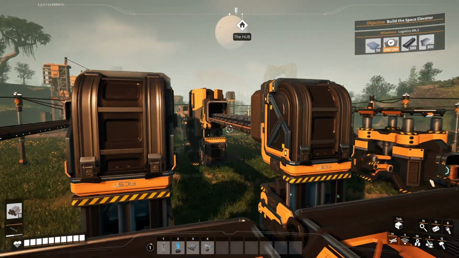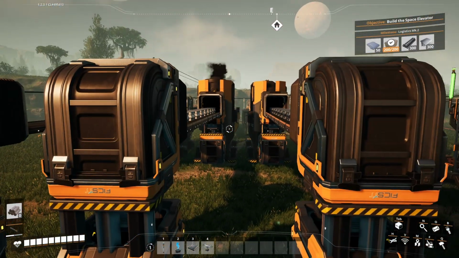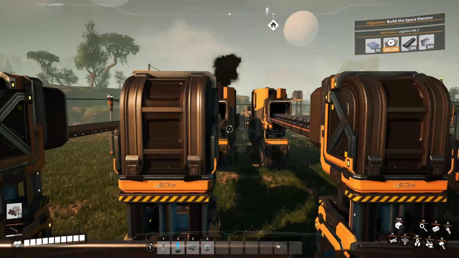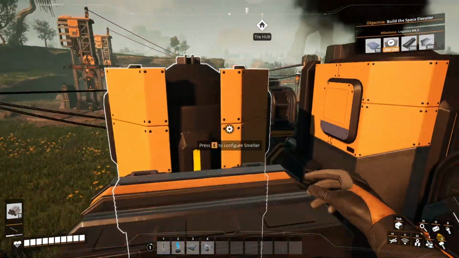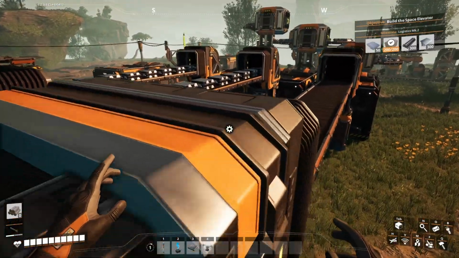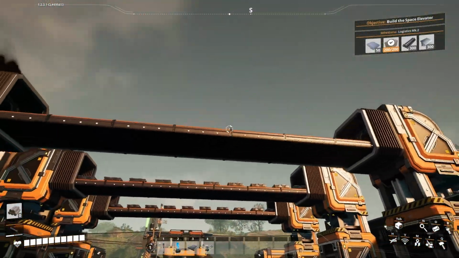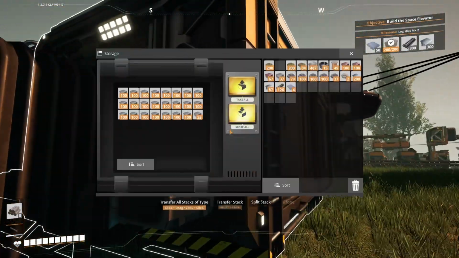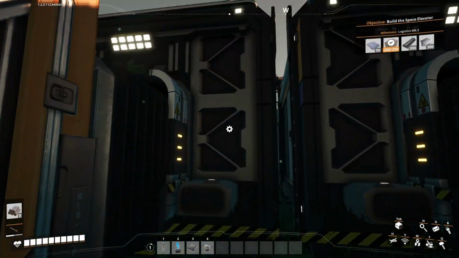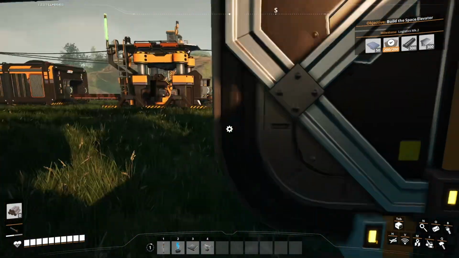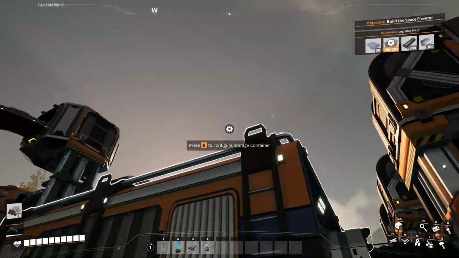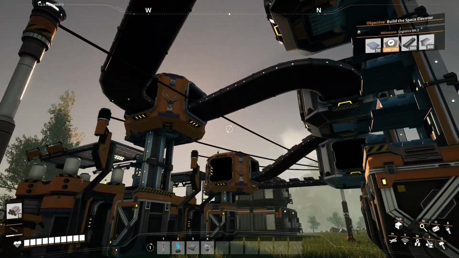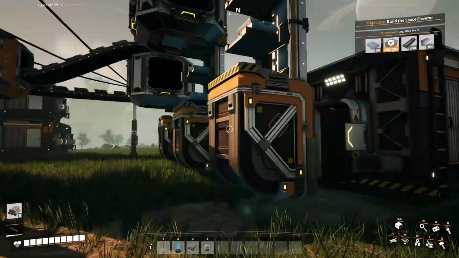So you'll notice the supplies are disappearing at different rates. But like I said, we don't actually need all of this intertwining. We only need it here, so that each of these stations has plenty to pull from.